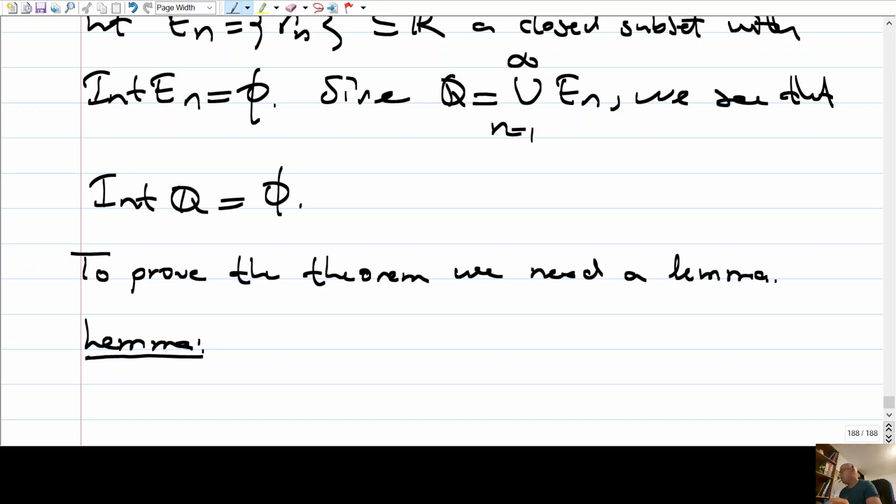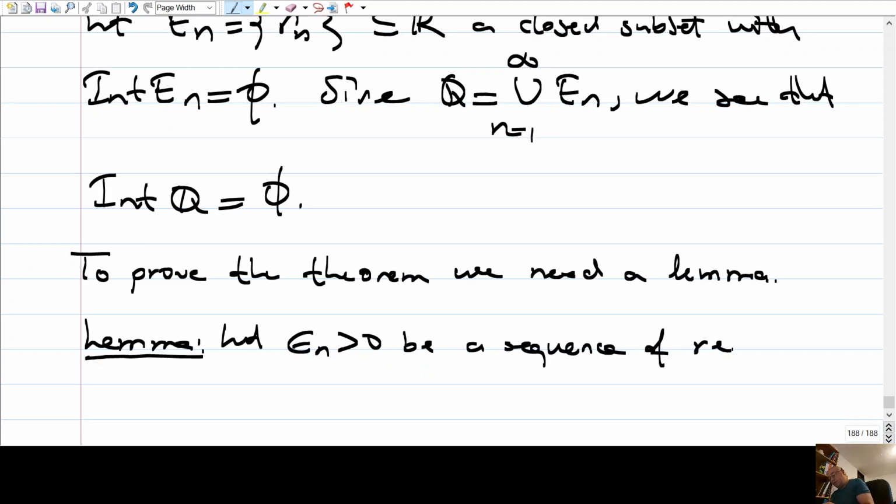Let epsilon_n be a sequence of real numbers. They're all positive, and the limit is 0, that is, the limit of epsilon_n equals 0.